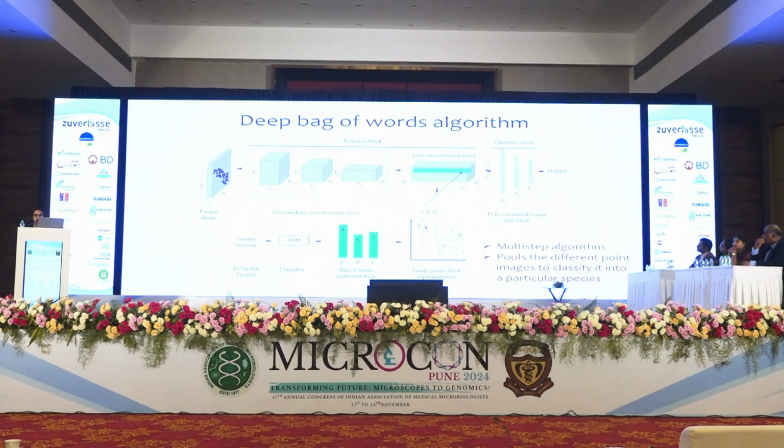And they used this deep bag of words algorithm. Now machine learning algorithms have been extensively used, and CNN and other such modules have been extensively used. So these people took it a step ahead. They used a multi-step algorithm where it pools the different point images to classify it into a particular species.